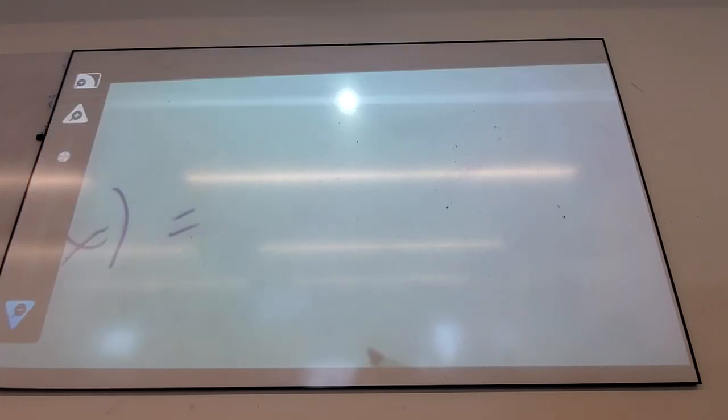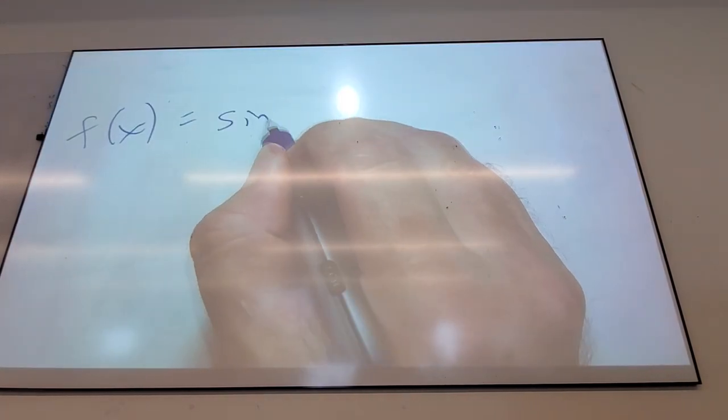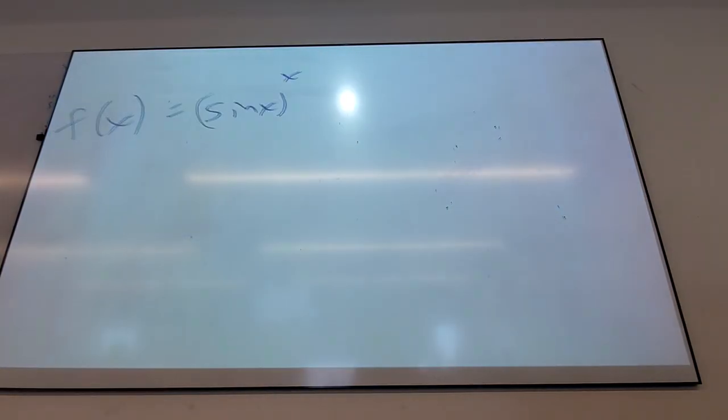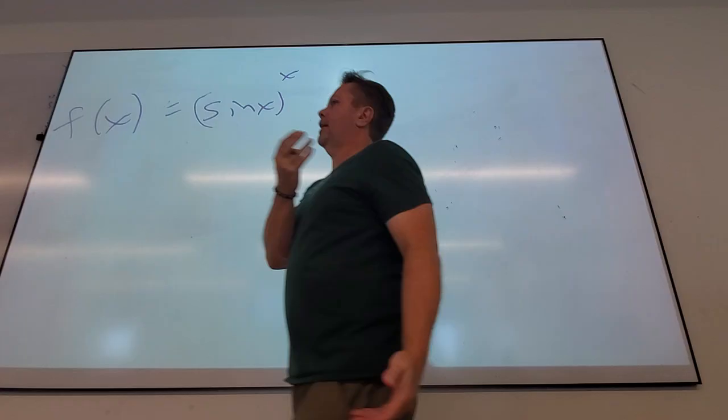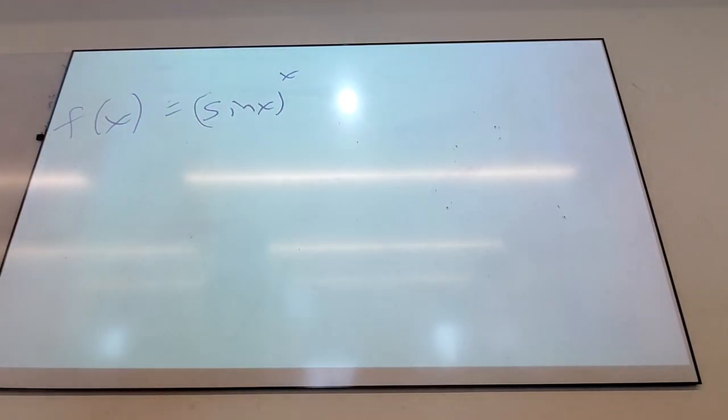So if I have something like this, oh my God, I zoomed way in. And I want to take this guy's derivative, I have to use a natural log to help me out. The trade-off is I'm going to have to do implicit because now I'm going to do something to my y.